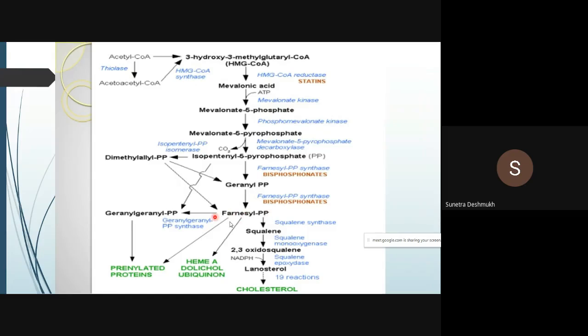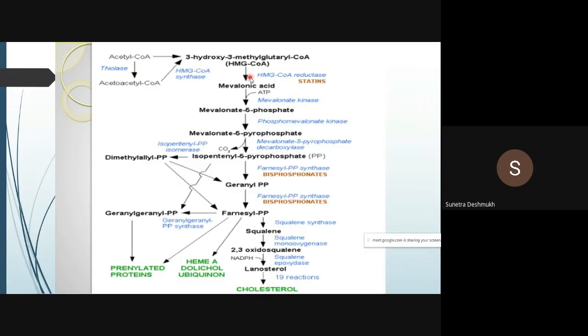Once we have farnesyl pyrophosphate, we can convert it into squalene, with 30 carbon atoms. Squalene can be converted to 2,3-oxidosqualene, and this is converted to lanosterol. Once we have lanosterol, we can go to cholesterol.